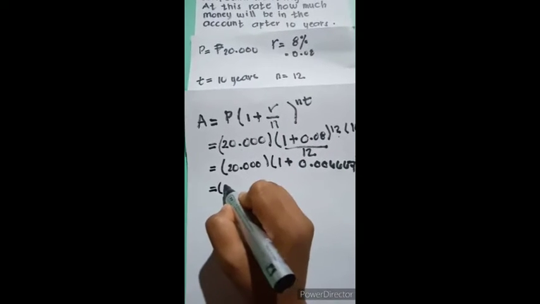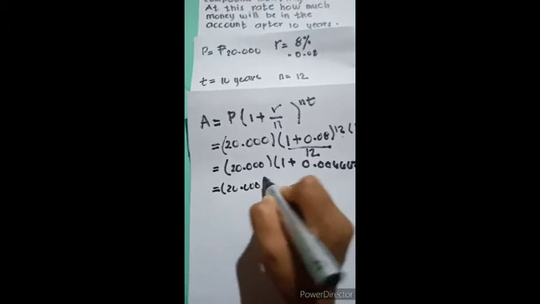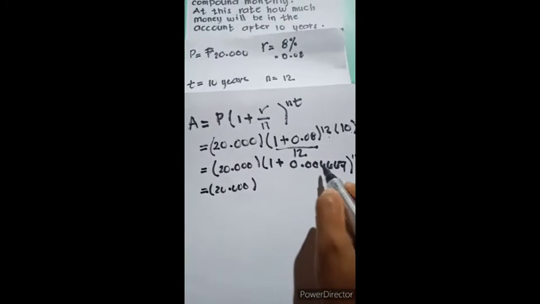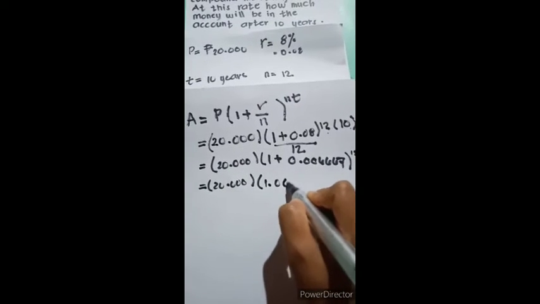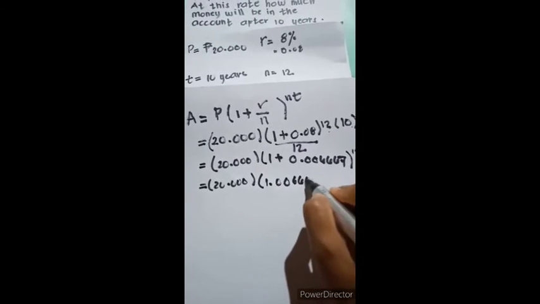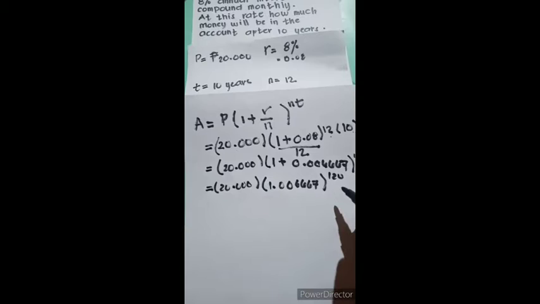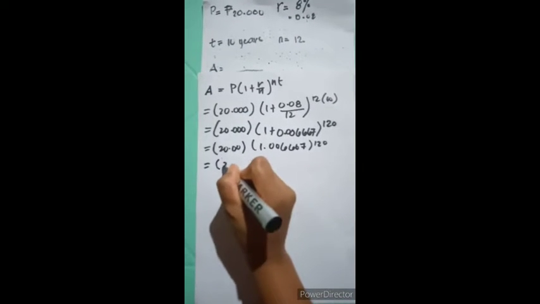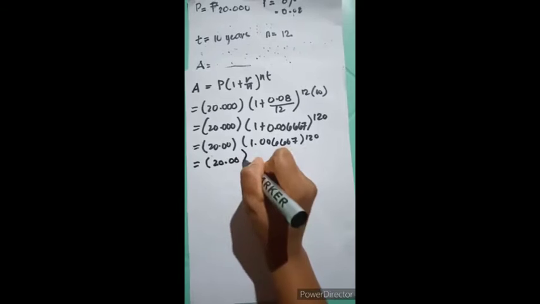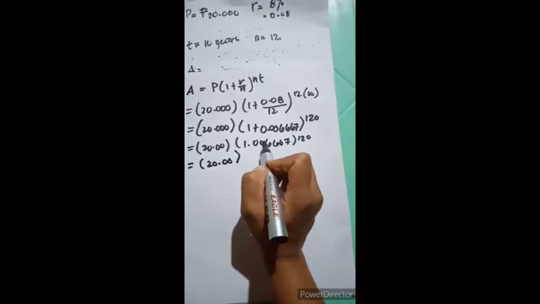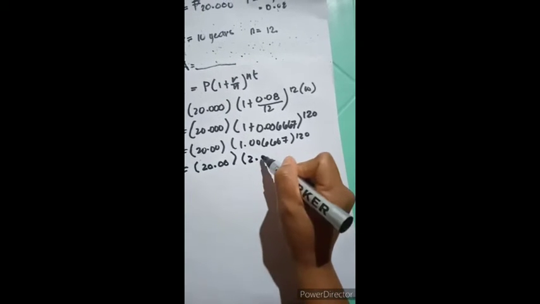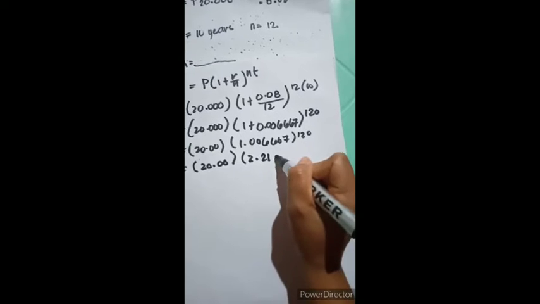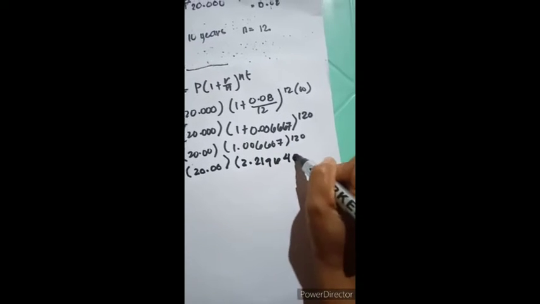Let us write 20,000 times 1 plus 0.006667, that is 1.006667, raised to 120. 1.006667 raised to 120 is 2.219640235.